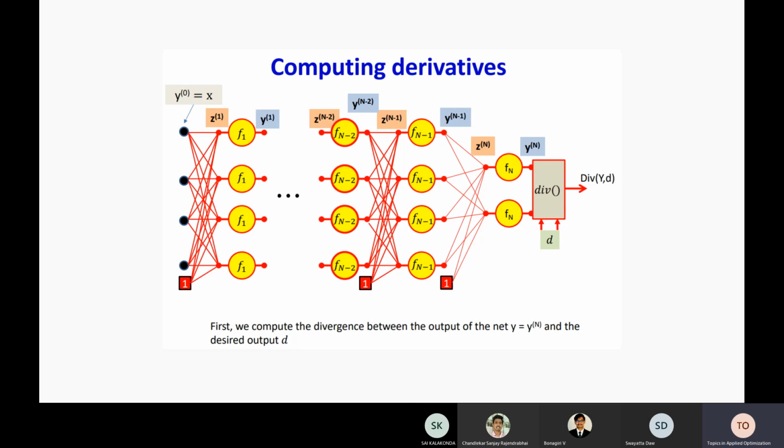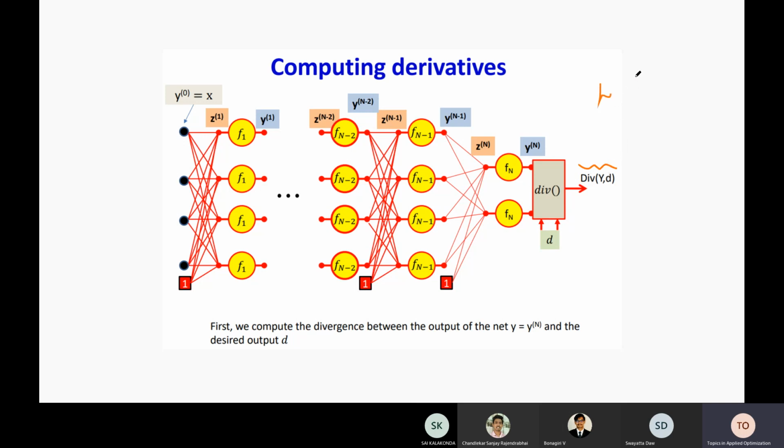So, computing the derivative. What derivative do we compute? We compute the derivative of the loss. In our case it was denoted by the div function. The small div you can think of as the local loss for a sample, and then you can sum over the samples to get the bigger loss.